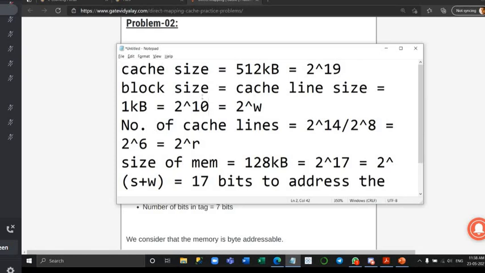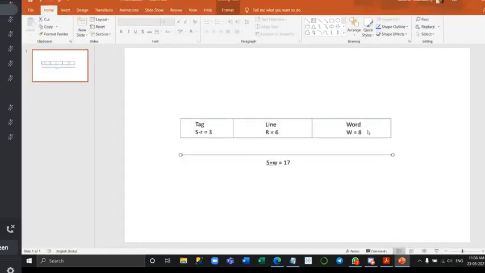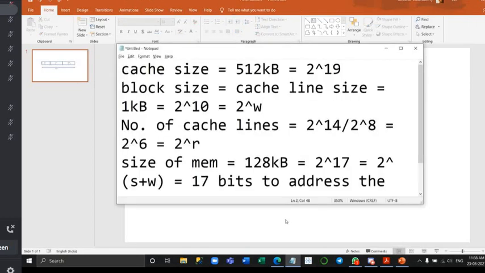Since the block size is equivalent to 2 to the power W, we can find that W is equal to 10 bits. So W is 10.